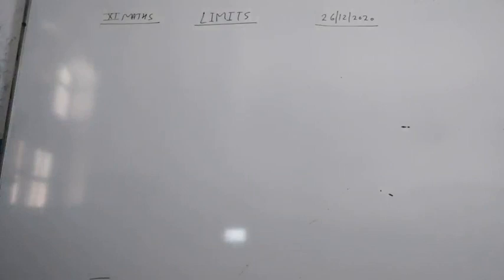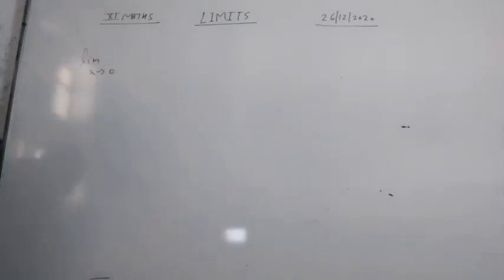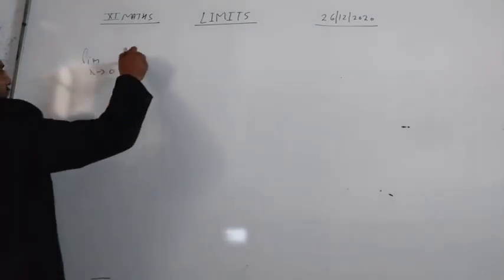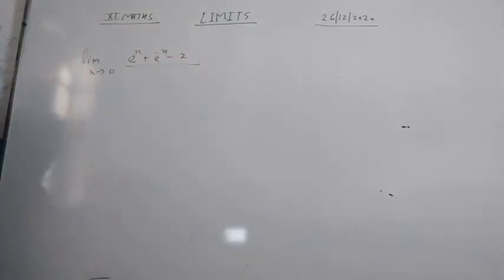Our next question is limit x tends to 0, (e to the power x plus e to the power minus x minus 2) by x square. Okay, student.